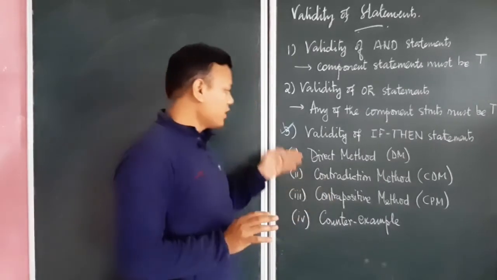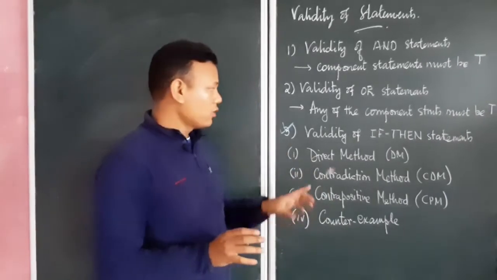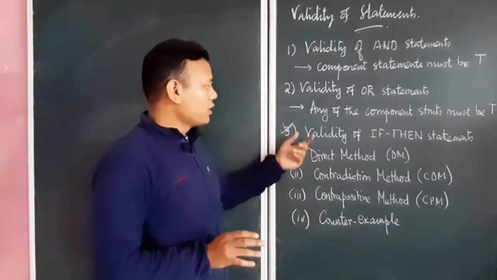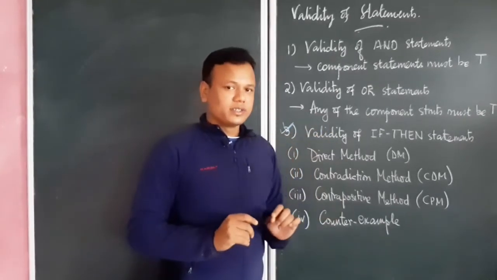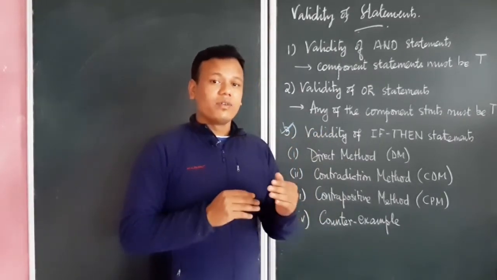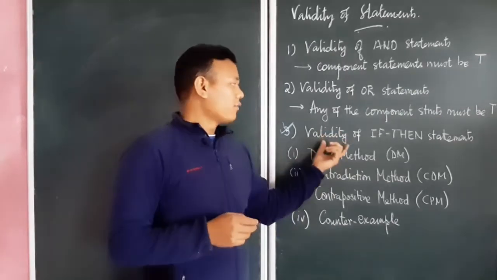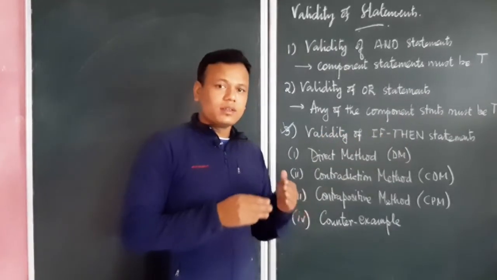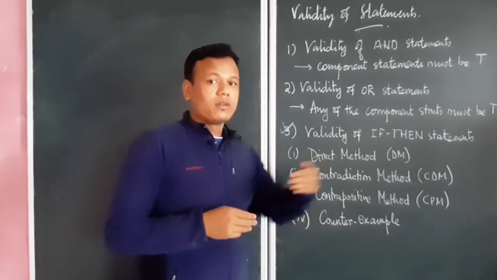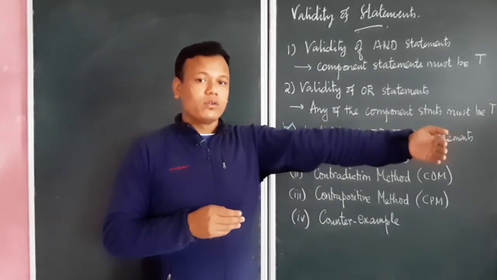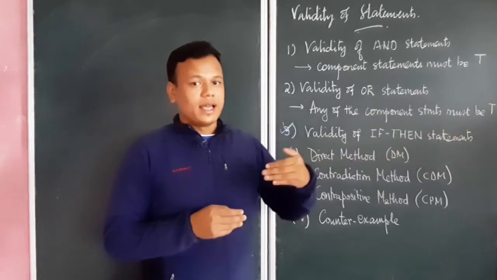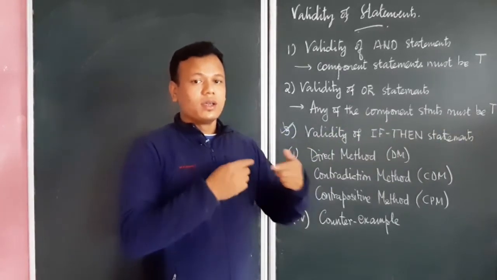After this comes validity of biconditional statements, that is, if and only if. If and only if is also like if then, but if then works only from the front, whereas if and only if works backward as well. That means it is bidirectional.